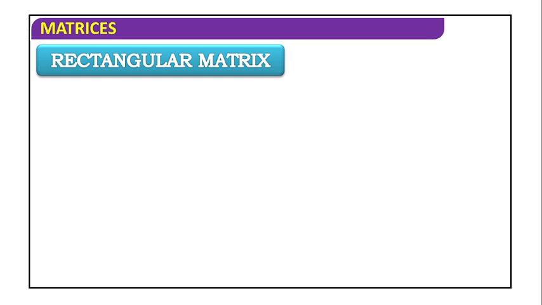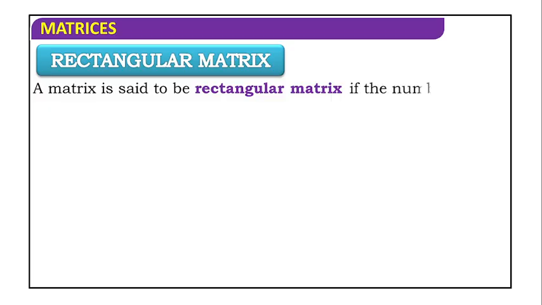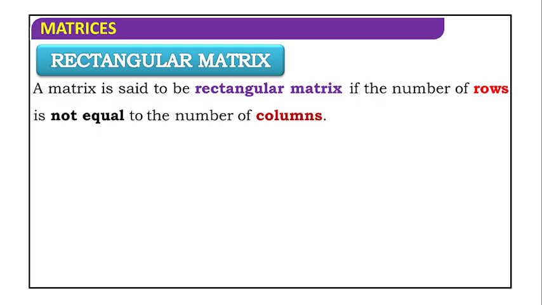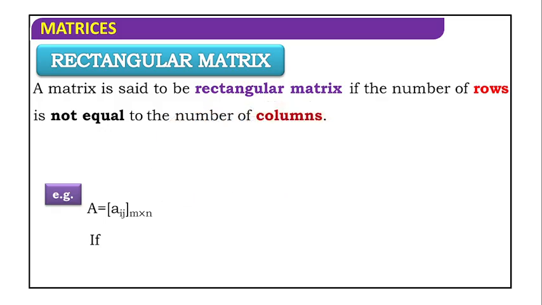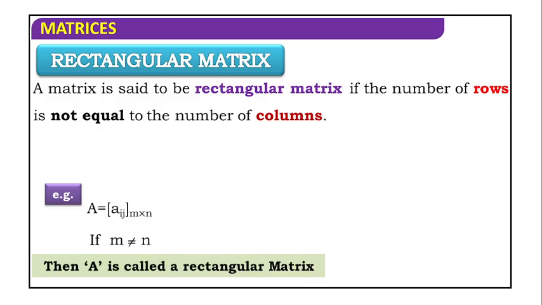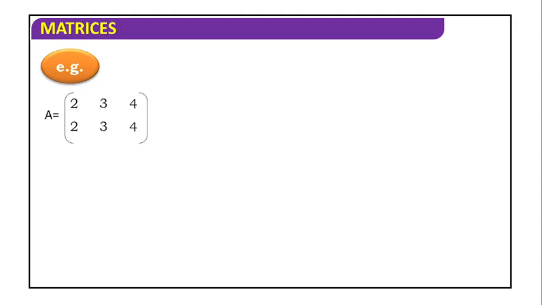Now rectangular matrix. A matrix is said to be a rectangular matrix if the number of rows is not equal to the number of columns. For example, M and N both are not equal, then the matrix is said to be a rectangular matrix. Through the example you can understand.